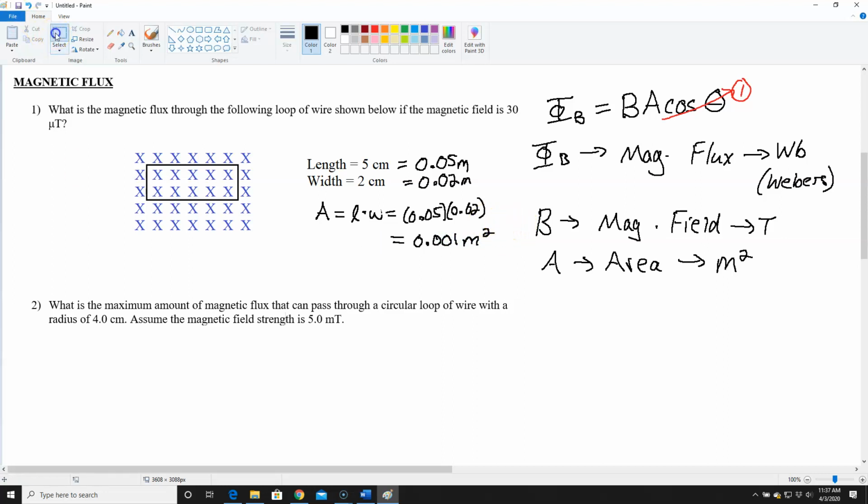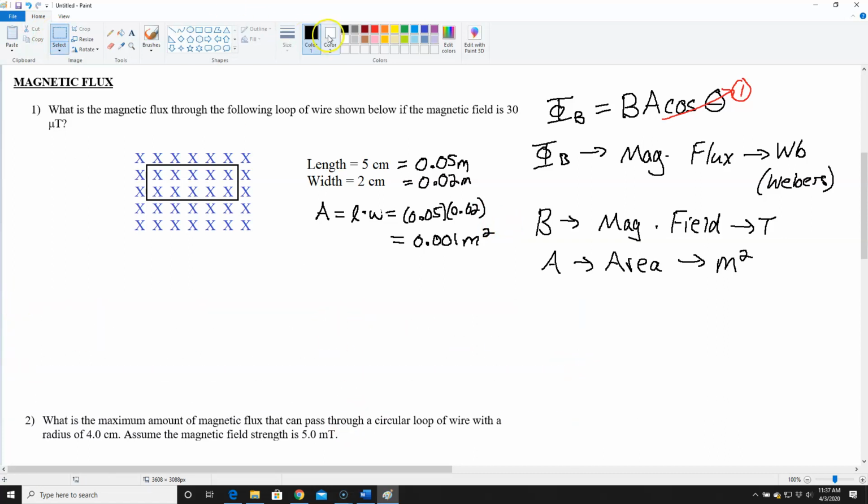Let's move this down to give myself some more room. Cool. So the magnetic flux passing through this loop at its maximum position is going to be BA cosine theta. Cosine theta is a 1.